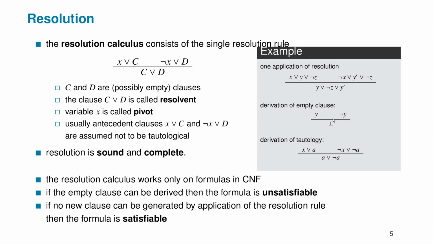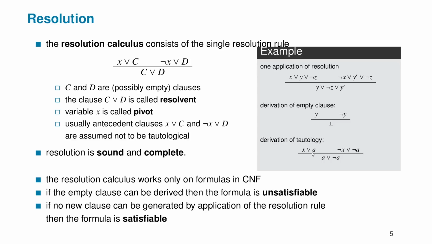derive the empty clause. What is not useful in order to derive a contradiction is the derivation of a tautology. If we have, for example, x or a as one clause and not x or not a as the other clause, then what is important here is that we do not have two pivots, but only one pivot.